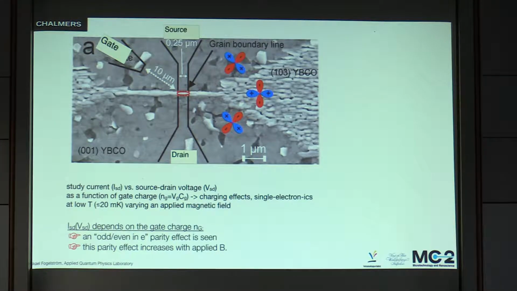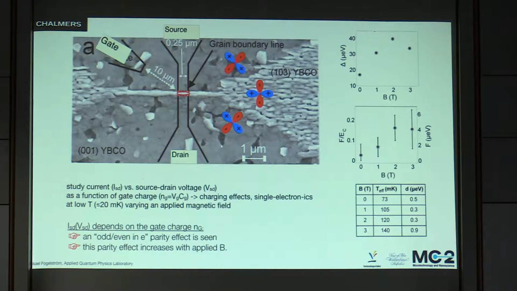First of all, they saw a parity effect, so you could see whether there was an odd or even number of electrons on the island. And that indicates that there's a full spectroscopic gap, because the tunneling is very slow, so any tunneling charge on it will explore the whole island. And then they have another interesting effect, which is that this parity effect increases with magnetic field.